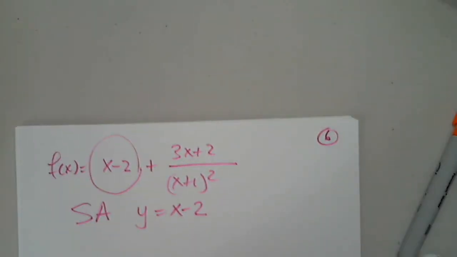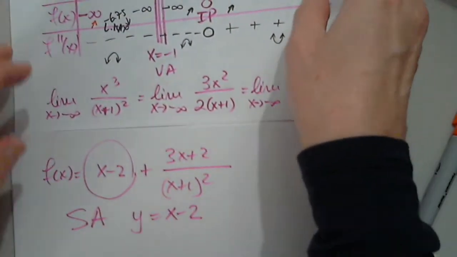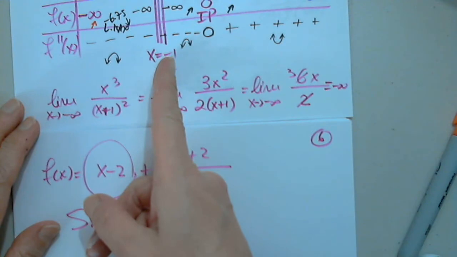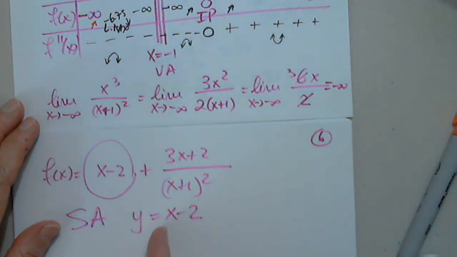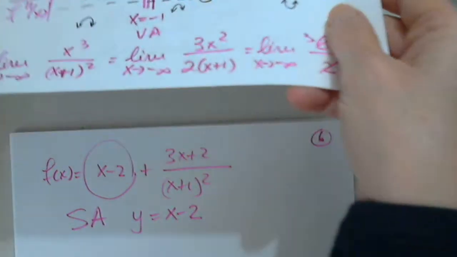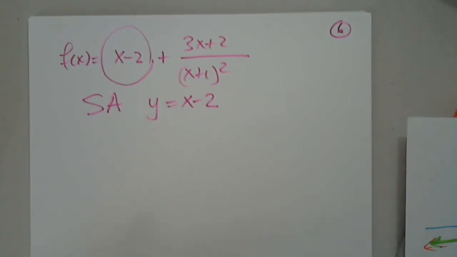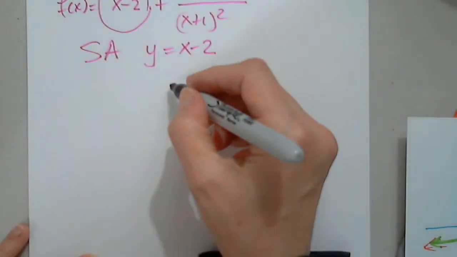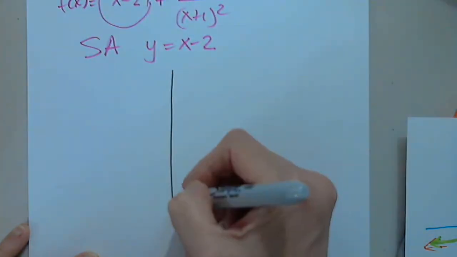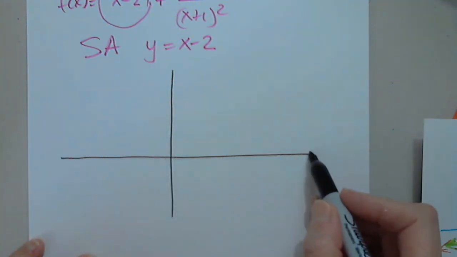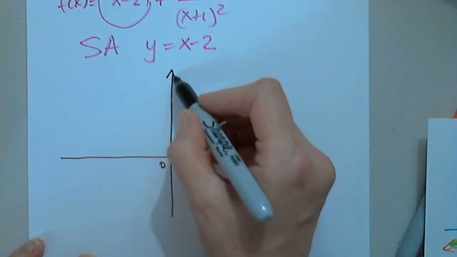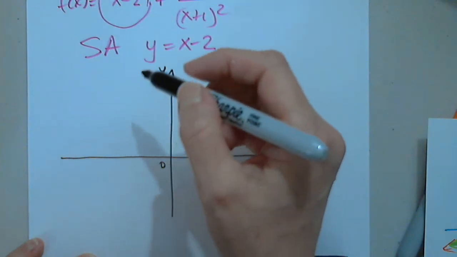Done. I will start by graphing the asymptotes. And the function has x equals negative 1 and y equals x minus 2 as asymptotes. So here it is. x equals negative 1.